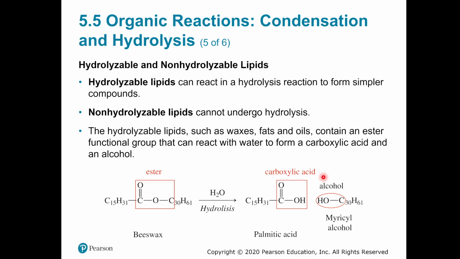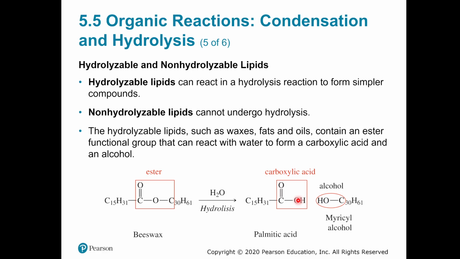An interesting side note is how you form things like soap, in case you're wondering. If you take an oil, you can put it with sodium hydroxide. The oil is the hydrolyzable lipid. You can then form this right here, which is a carboxylic acid, and under basic conditions, carboxylic acids will form soaps.